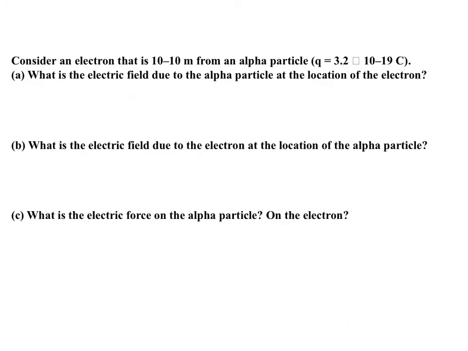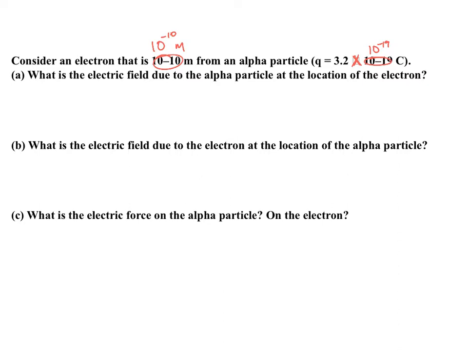Consider an electron that is, well, this should be 10 to the minus 10 meters. I thought I caught all of these, so sorry about the typos. So an angstrom, 10 to the minus 10 meters, is typical atomic scale.